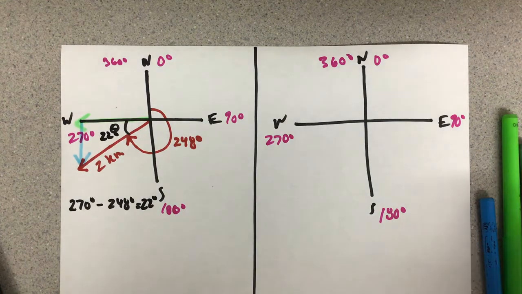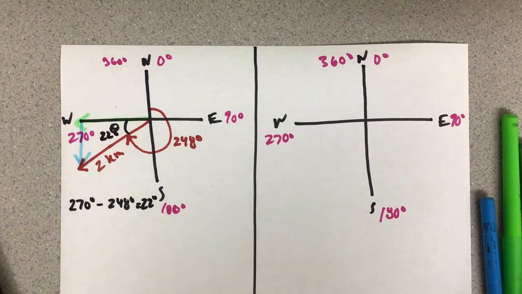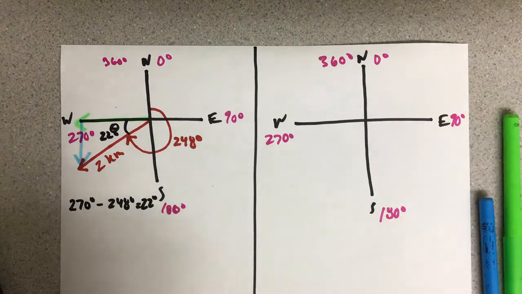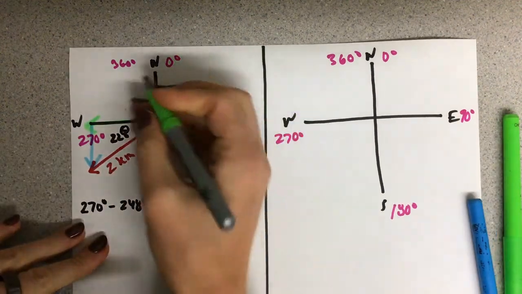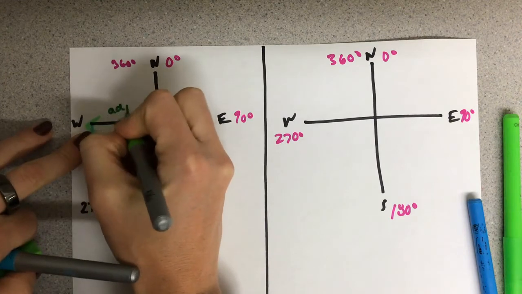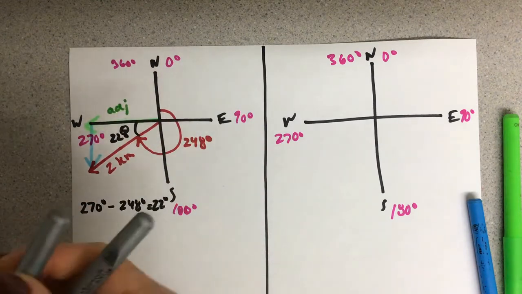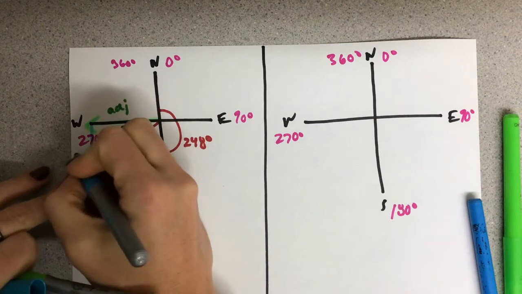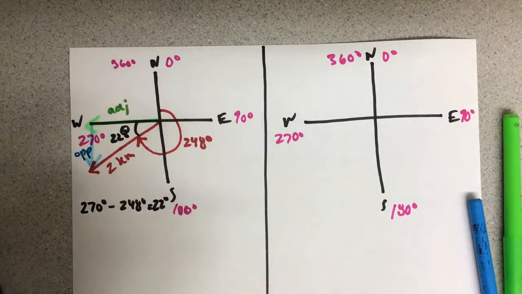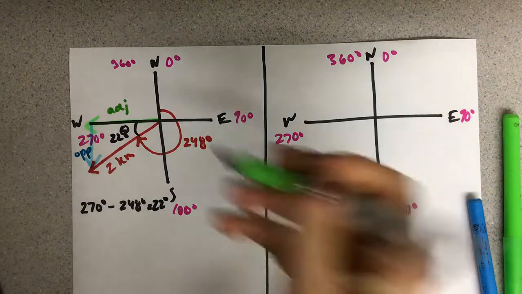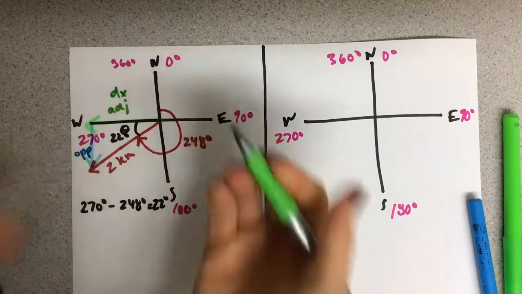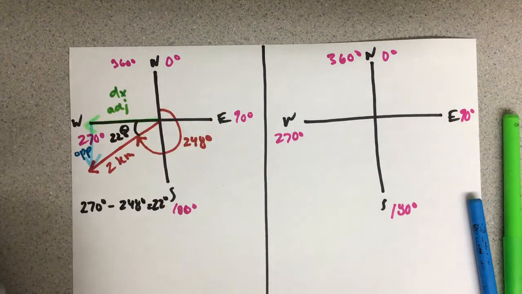All right. Now, let's go ahead and label our parts. This right here is my adjacent, and this over here is my opposite. We can also call this the distance in the x direction or the west direction. You could call it dw, dx, whatever.